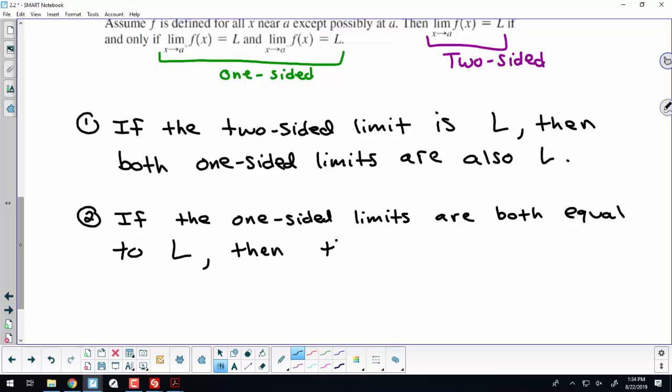So then the two-sided limit is also L. And again, we get that because it's an if and only if statement. We do see some theorems later on where it's just an if-then statement, and you can't look at it both ways. You have to look at it as if this, then this happens, and that's it.